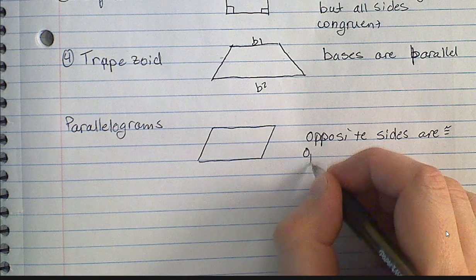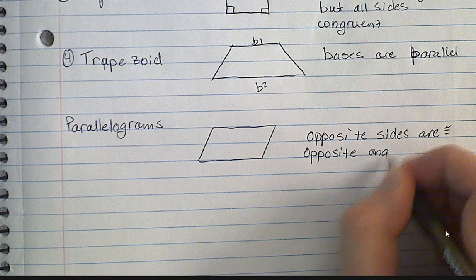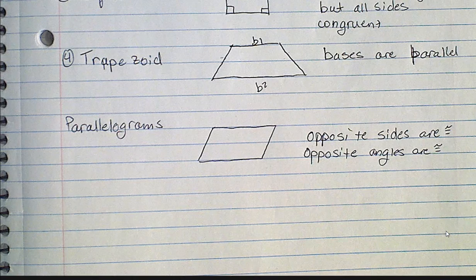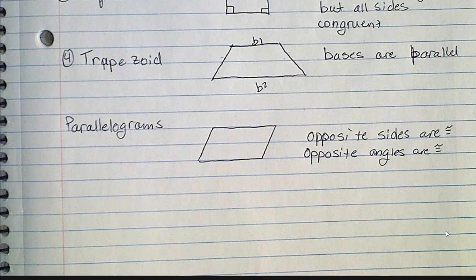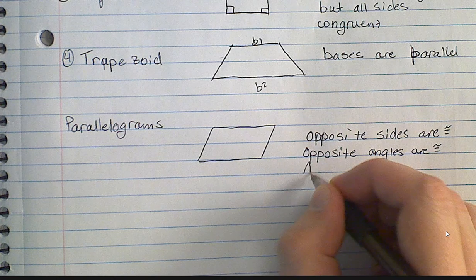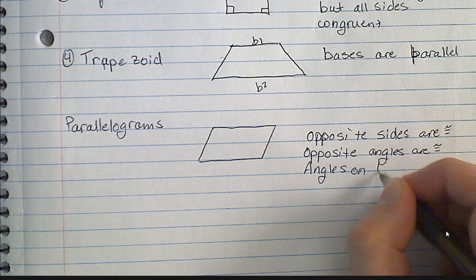Also, opposite angles are congruent. And also, angles on the same side sum to 180 degrees.